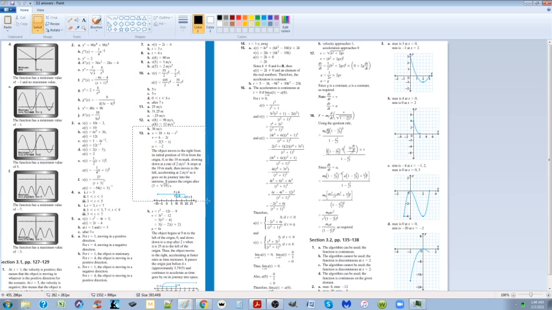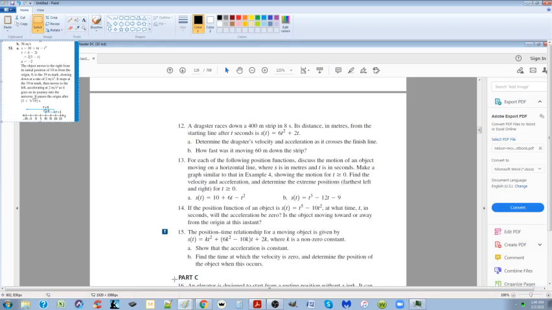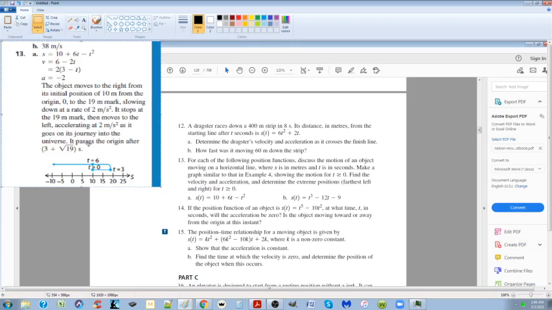There it is there. So there's the constant, and there's the velocity. And then initial position of 10. There's the peak that we figured out.